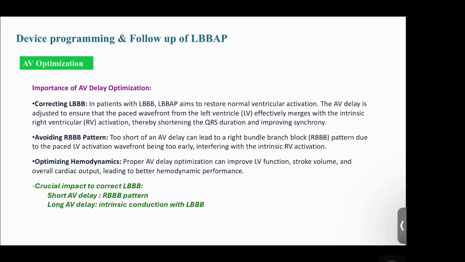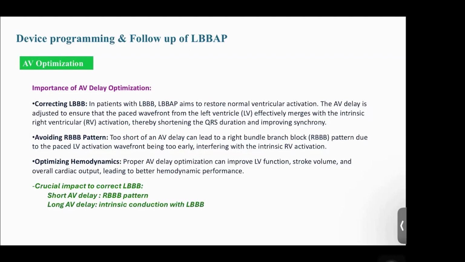So in a patient with left bundle branch block, and we decided to implant left bundle branch area pacing, we should decrease the AV delay, okay, like CRT, to make sure that we activate the left bundle before the right bundle.